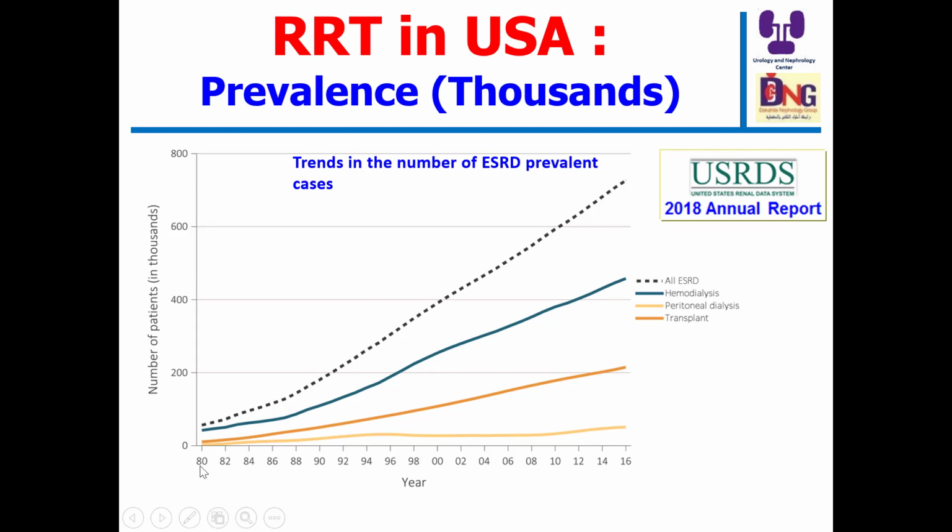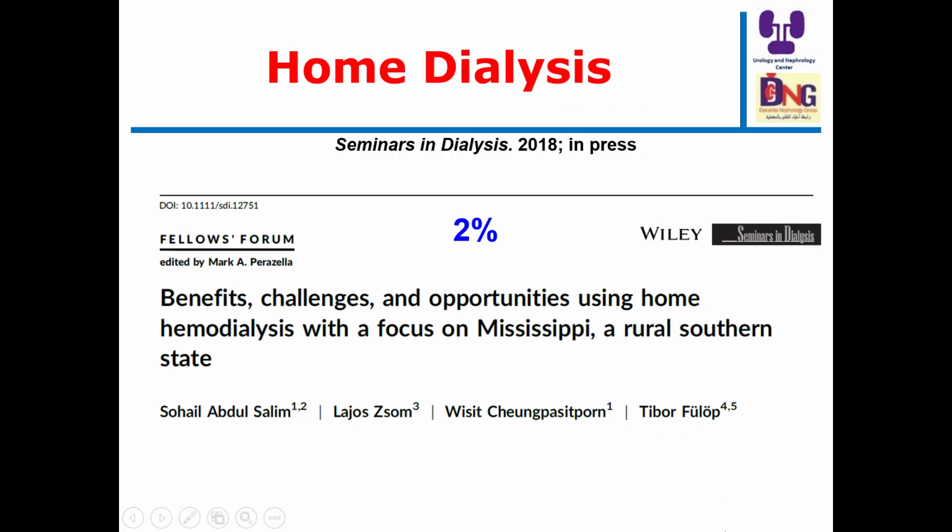This is from 1980 up to the current state. Hemodialysis is expanding. Transplantation is increasing as well, but still a lot of patients are waiting for transplantation or unfit for transplantation, and peritoneal dialysis constitutes the minority of replacement therapy.